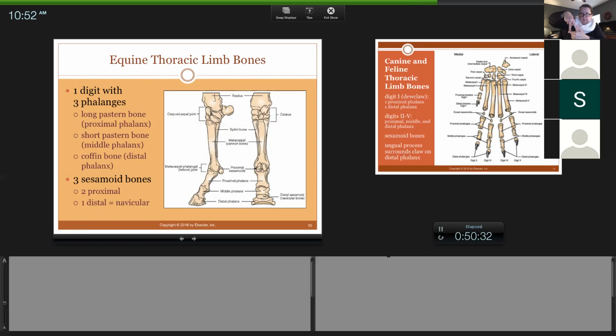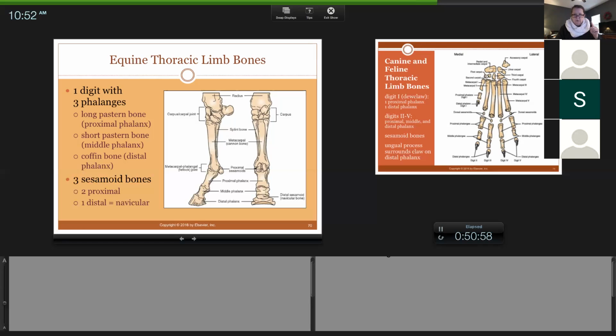This would be their hoof. So that is what a horse limb is, distal to the radius. It is literally only 1 metacarpal and 3 digits, which I find fascinating, that an animal that weighs over 1,500 pounds is literally standing on the equivalent of a finger. Obviously, these bones are very large, but it's a unique design.